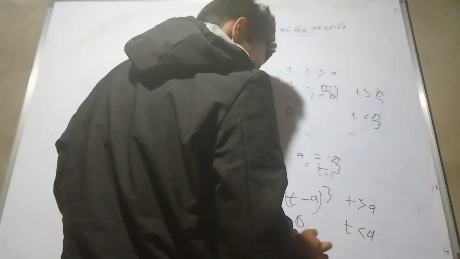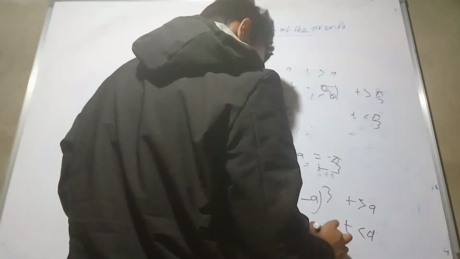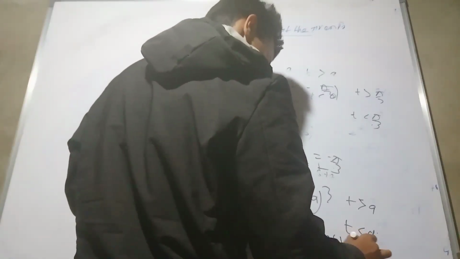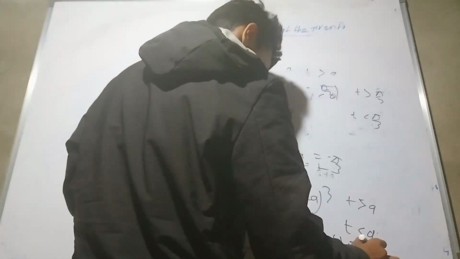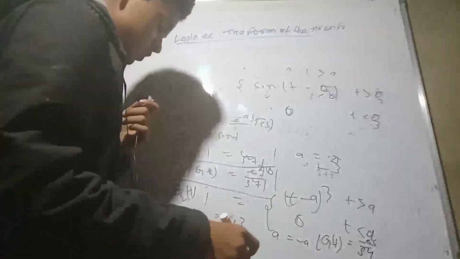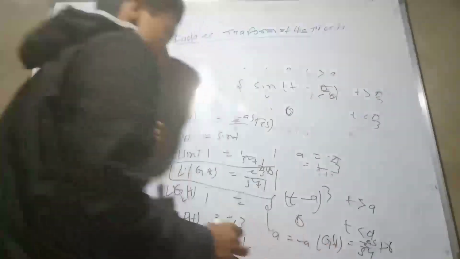Here a equals minus a, so the Laplace transform of g(t) will give us e^(-as) times 3 factorial upon s^4, which is 6 e^(-as) upon s^4. That is our Laplace transform.